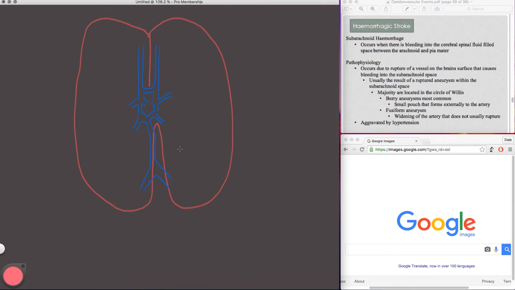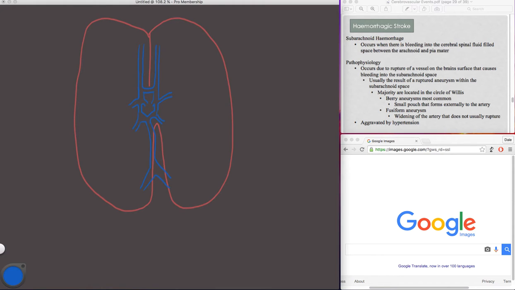The problem with the circle of Willis is that it is prone to aneurysm, and an aneurysm in the circle of Willis is what's going to cause us to have this subarachnoid hemorrhage. So if we take a look at what happens, one of two types of aneurysms are going to form. So we're going to get what's called a Berry aneurysm or a saccular aneurysm.